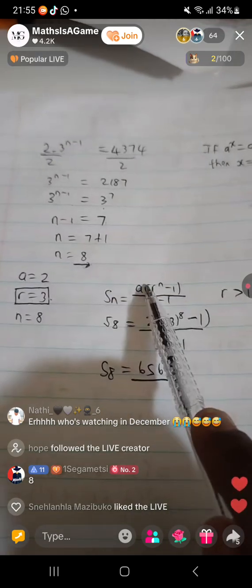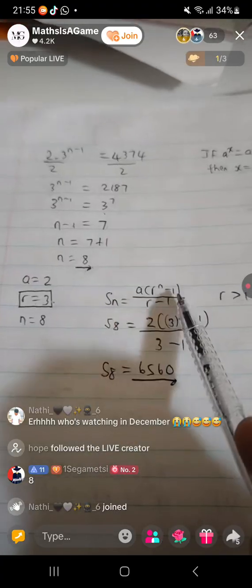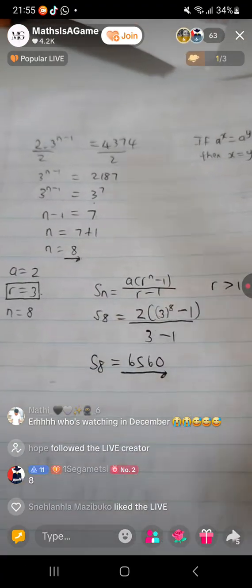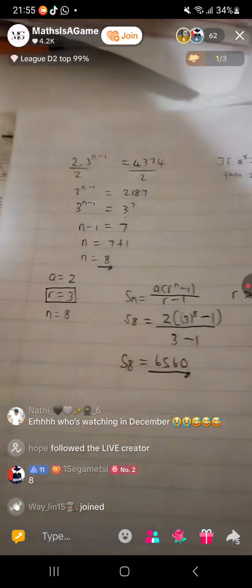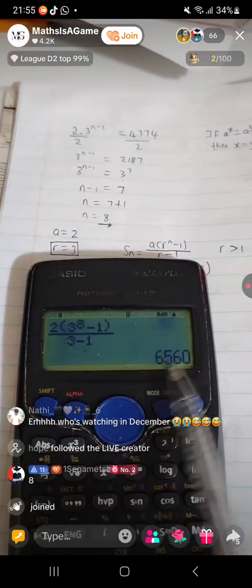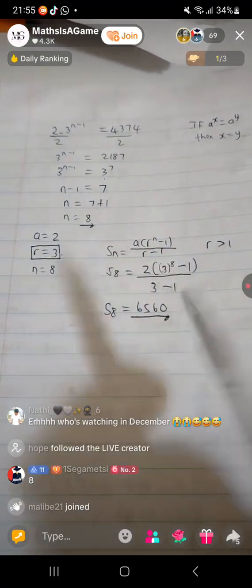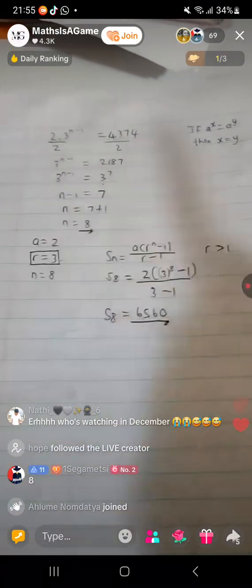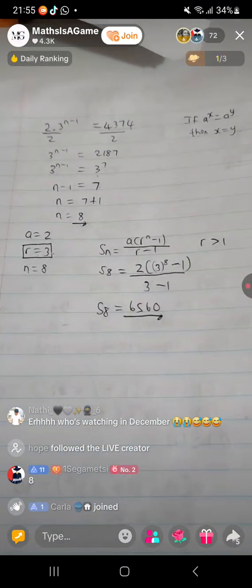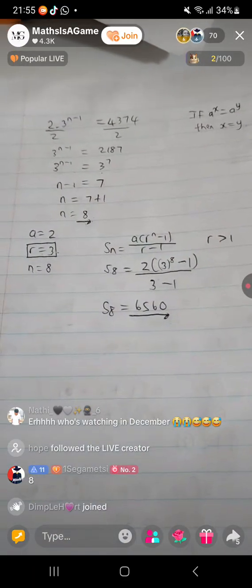Substitute A, which is 2, R, which is 3, N, which is 8, and then use my calculator very beautifully, as you saw here. And then I got my answer, 6,560, which is the sum of the first 8 terms for that series. Simple, straightforward, to the point, guys.